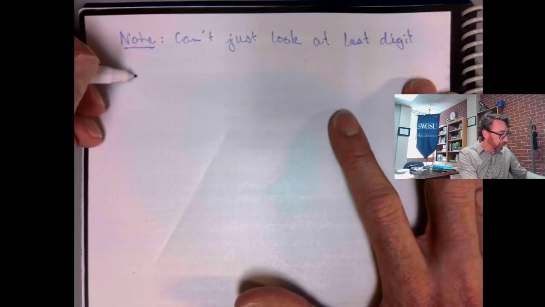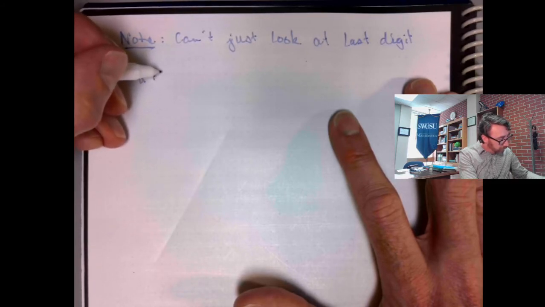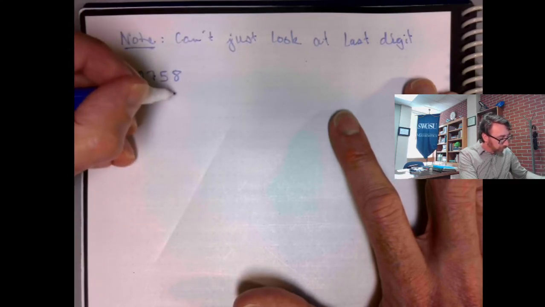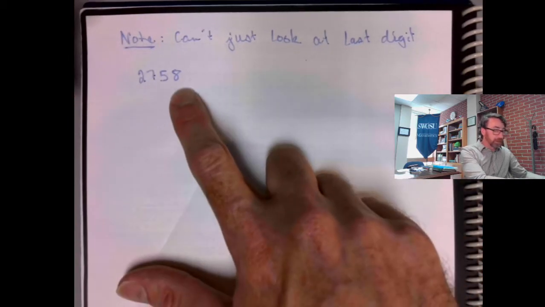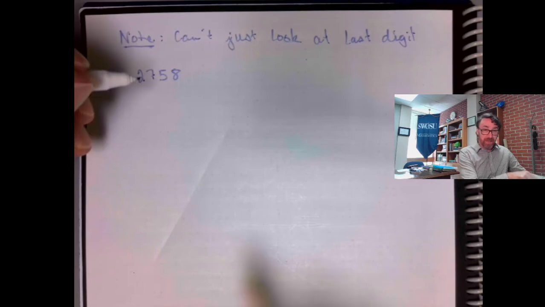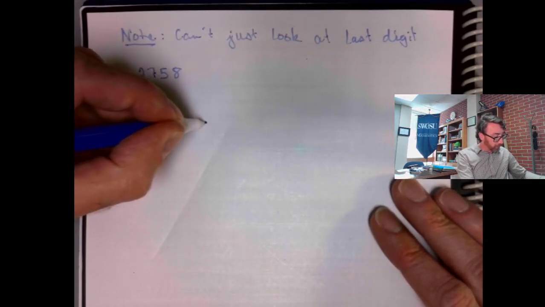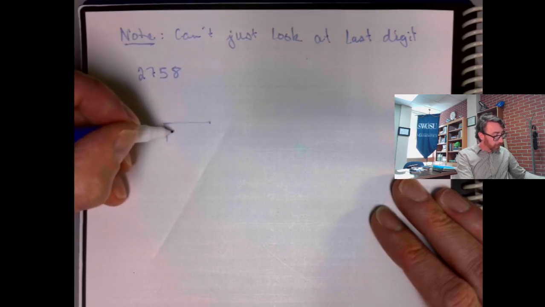So for example, 2,758, okay? If we look at that last digit, that is divisible by 4, but this number is not divisible by 4. If you don't believe me, we can go ahead and do the long division, okay?